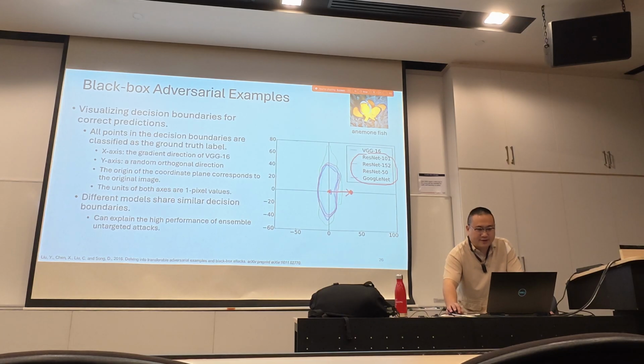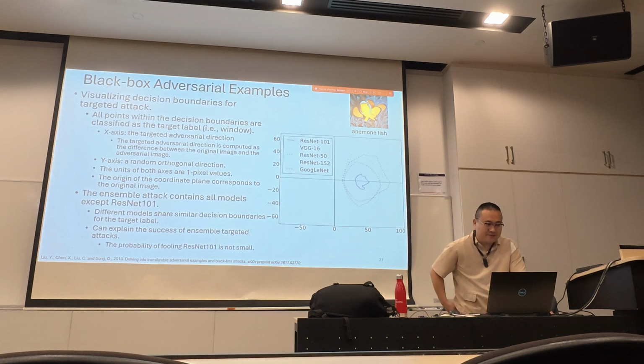Because you end up here, you can see that you also go out of the decision boundary for the target model. So this is why when we fool the ensemble of models, highly likely we also fool the target model. This is because different models actually share similar decision boundaries. So this can explain the untargeted attacks.